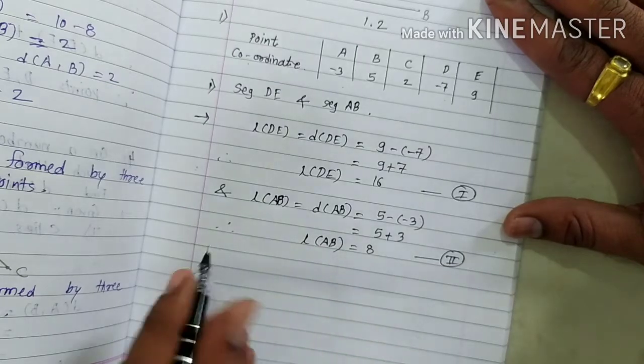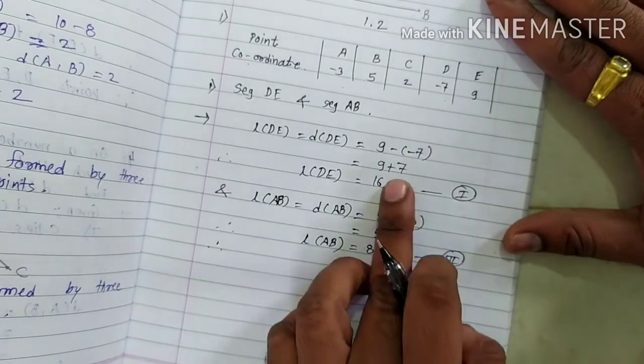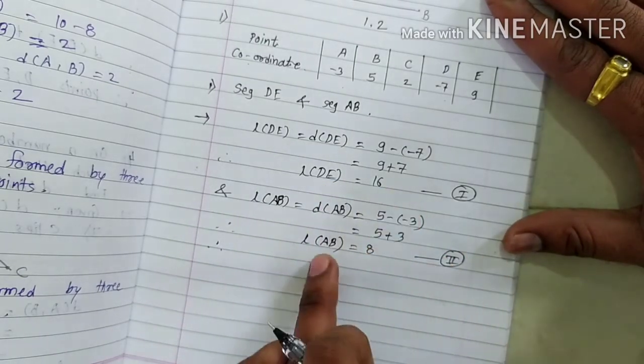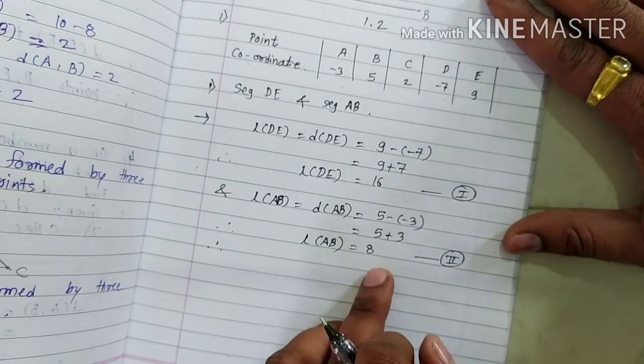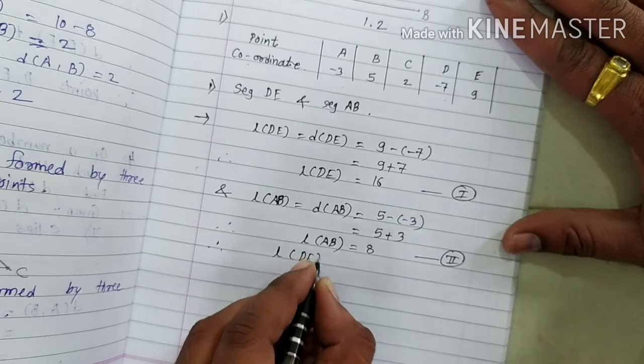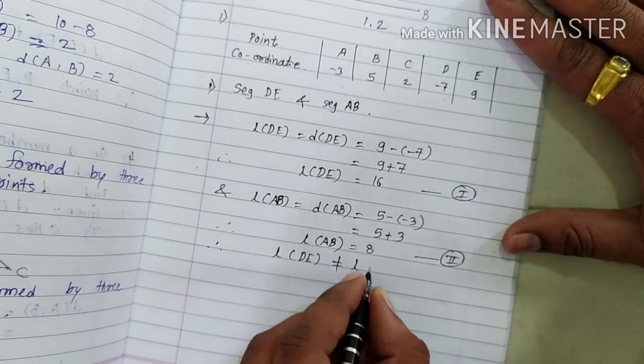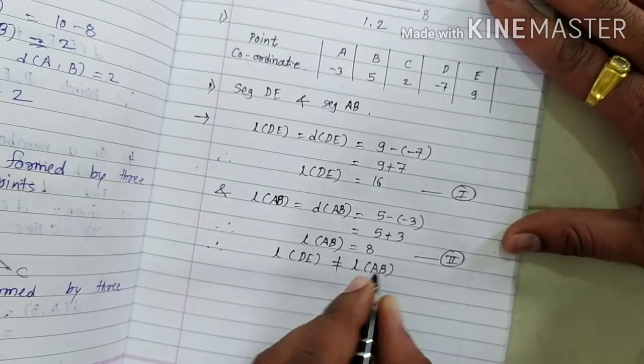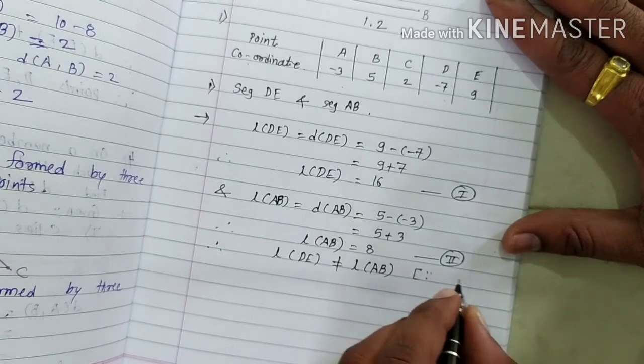Now from 1 and 2, what do we get? The length of DE is 16, the length of AB is 8. The lengths are not equal. Length of DE is not equal to length of AB from 1 and 2.